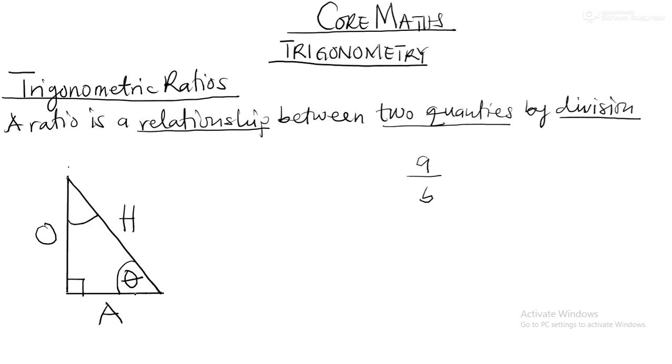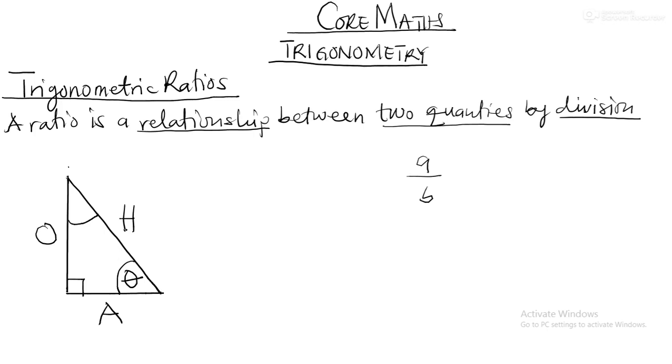Using this one as our reference angle, this side is our opposite, this is the hypotenuse, and this is the adjacent. The ratio of the length of sides in reference to this angle is what we call trigonometric ratio. The ratio of two of the length of sides of a right angle triangle in relation to the reference angle is what we call trigonometric ratio.